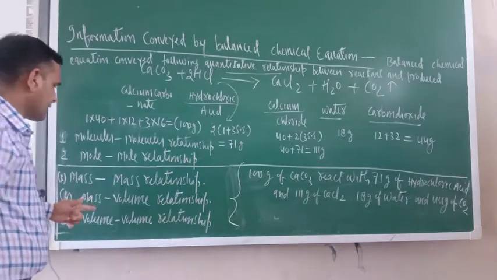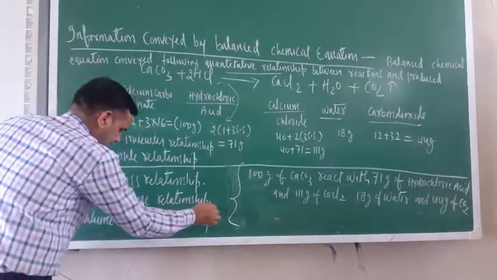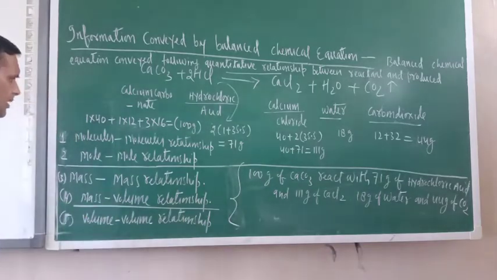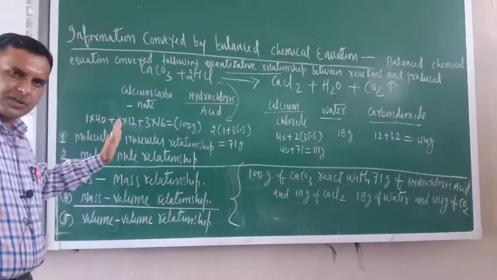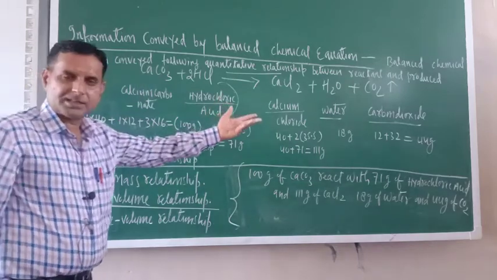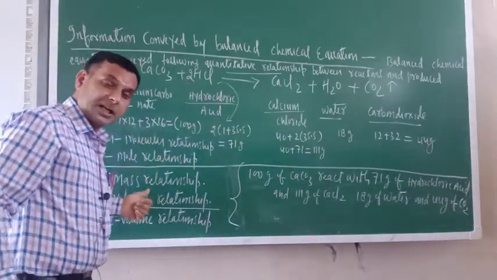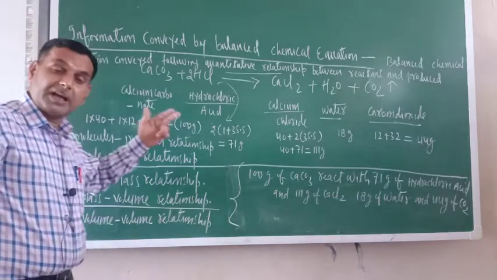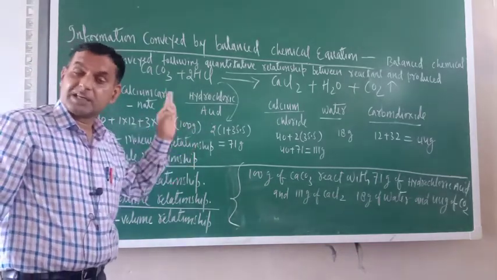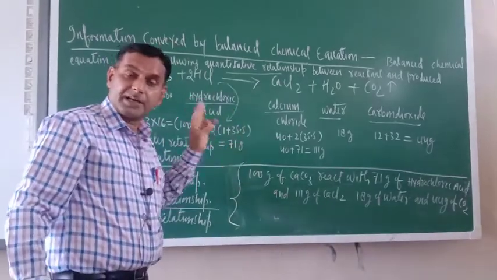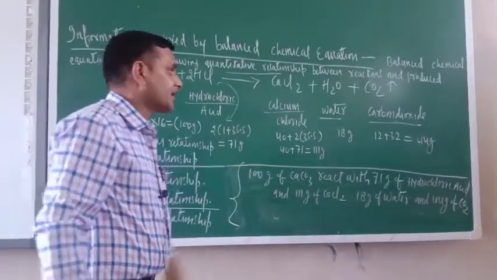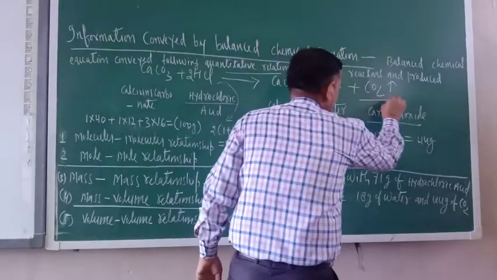What is the next one? Mass volume relationship. Just see, it means that on the reactant side mass would be there and on the product side gas would be there. This relationship is valid when either the reactant side or the product side is gaseous. Like here, carbon dioxide is gas or not?